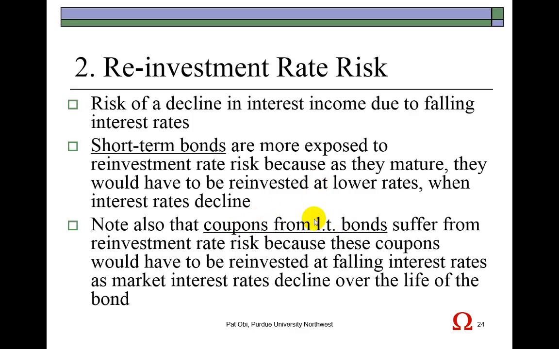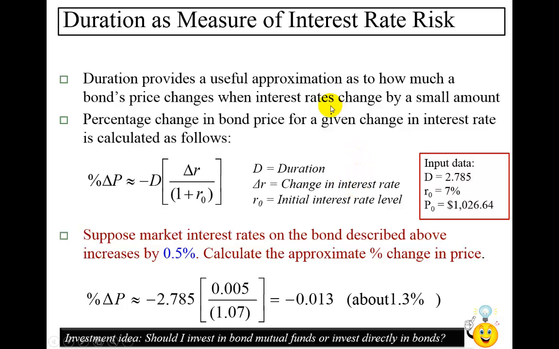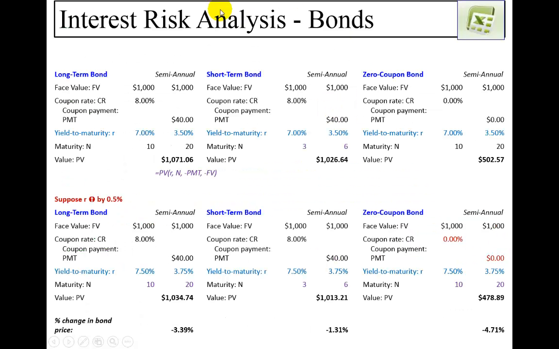But as well, even if you buy coupon paying bonds and the bonds are long term, if you reinvest the coupons that you receive from your long term bonds, those coupons are going to be reinvested also at lower interest rates. So understand the nature of the income effect of reinvestment rate risk separately from the nature, if I go back here, of interest rate risk, which hits longer term bonds more so than shorter term bonds.